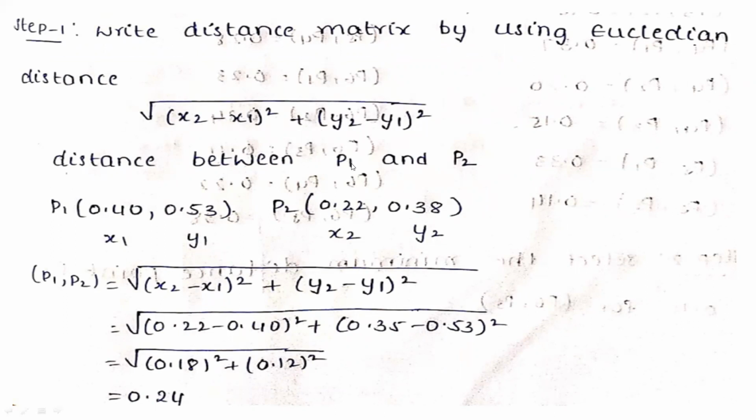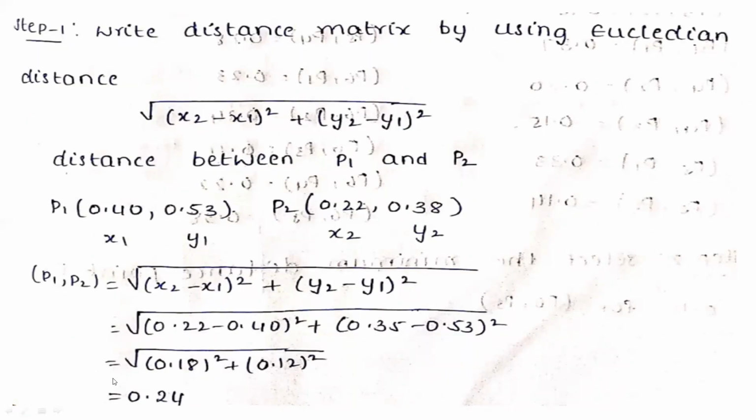So I'm considering P1 and P2. P1 is x1, y1, P2 is x2, y2. You're just calculating the distance between P1 and P2 using the Euclidean distance formula, which is (x2 minus x1) whole square plus (y2 minus y1) whole square, so that we will get the result. Similarly, how many points do we have?